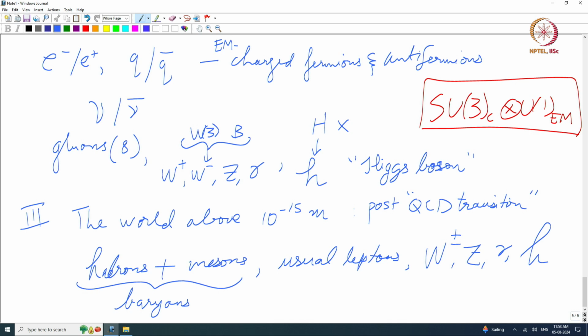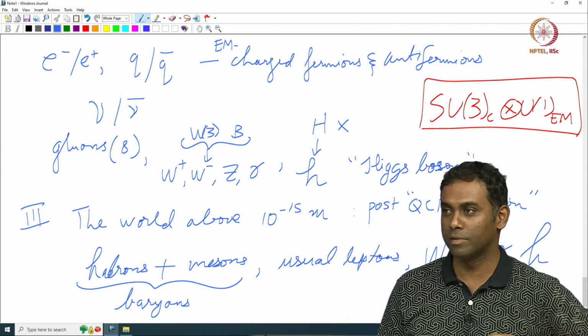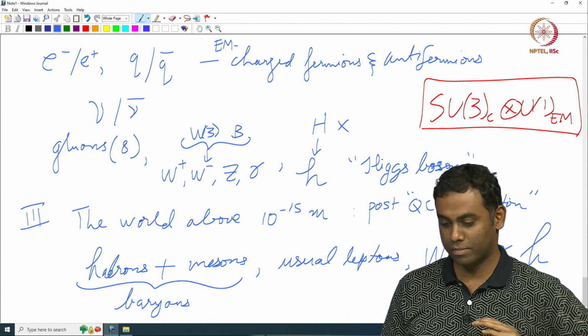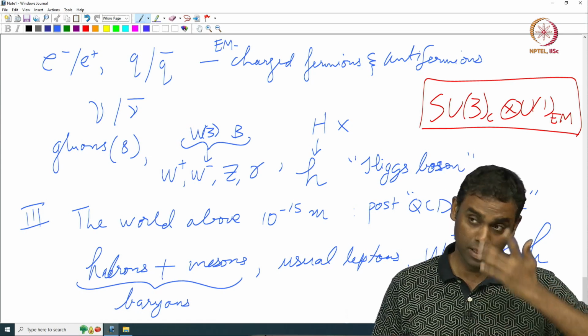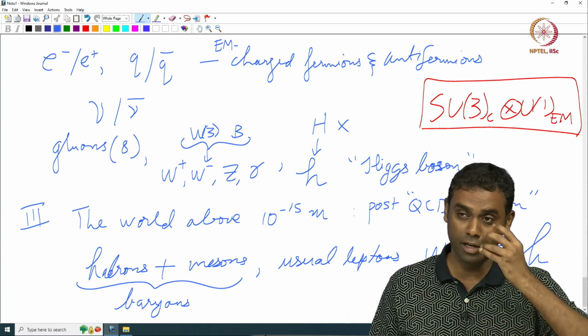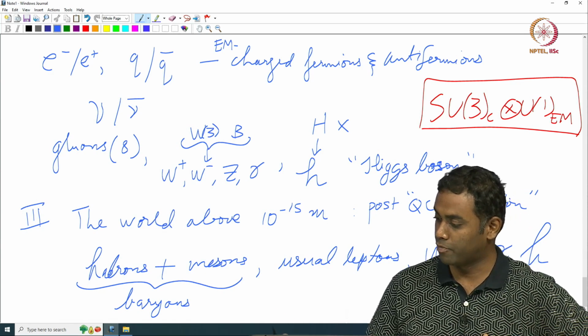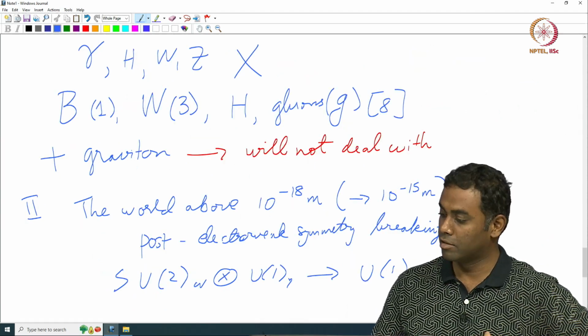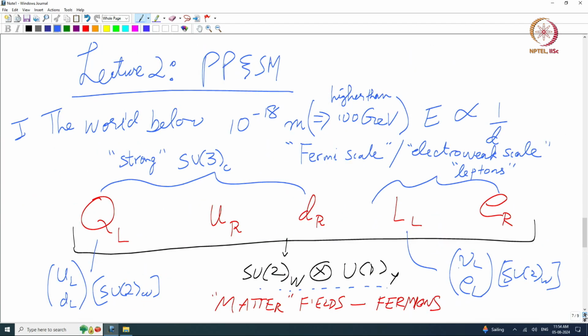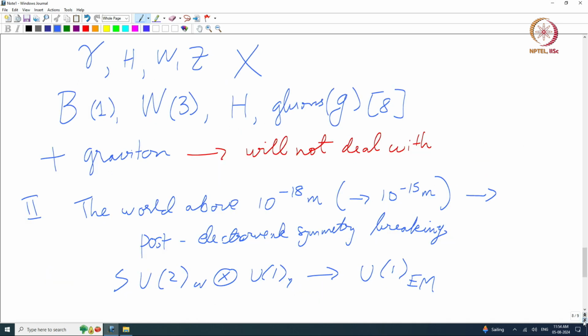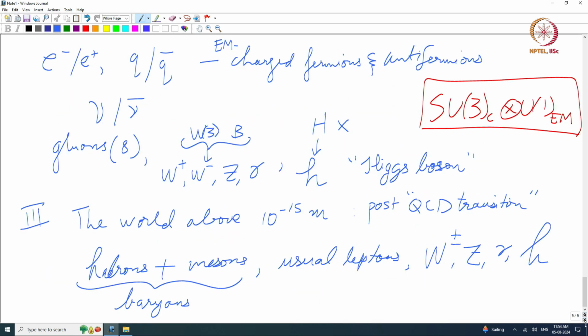This intermediate one is the story of the past century, at least the beginning of the story, where we discovered all these various species of particles, and then finally the triumph was really understanding what was going on at this scale, below 10 power minus 18 meters, thanks in large part to Glashow, Weinberg and Salam, who put together the Standard Model and really the Electroweak theory.